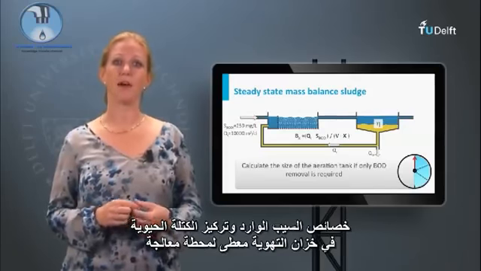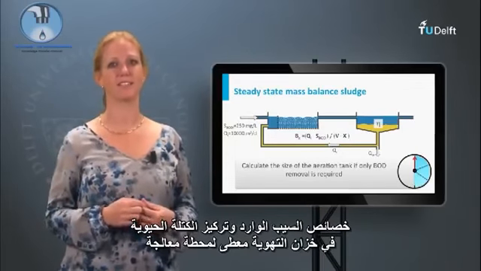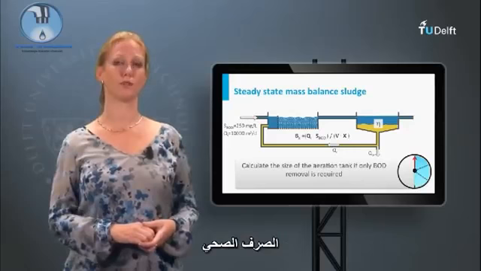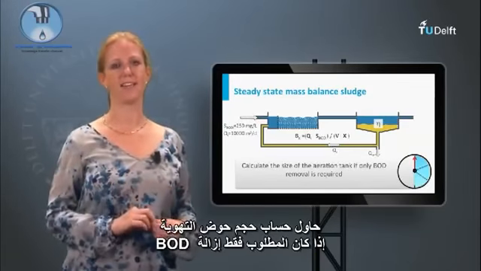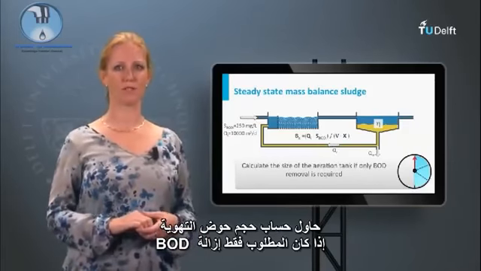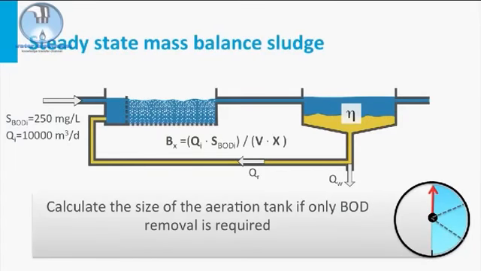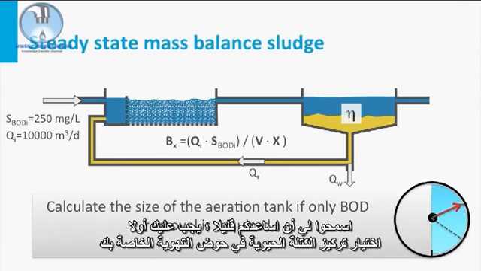Influent characteristics and biomass concentration in the aeration tank are given for this sewage treatment plant. Try to calculate the size of the aeration tank if only BOD removal is required. Let me help you a little. You should first choose a biomass concentration in your aeration tank.